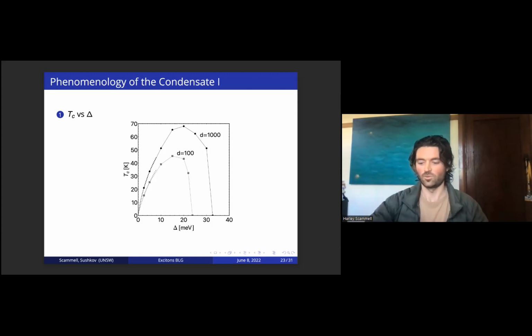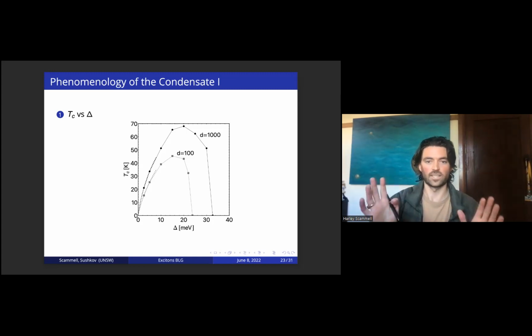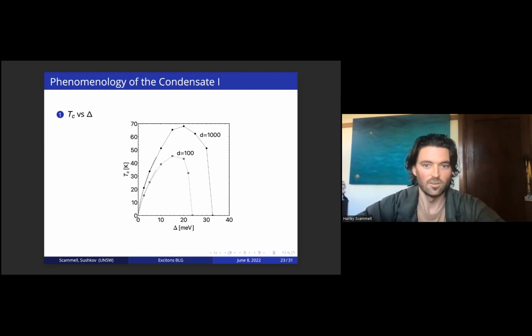And in the end, how this looks when you do the full calculation is that you kill TC. We don't have the calculation explicitly at delta equals 0, but basically you go to something that could potentially be well below a Kelvin. And I believe this is what goes on when people consider exciton condensations out of a semi-metallic state. But I can't make that claim because I only have calculations for bilayer graphene.